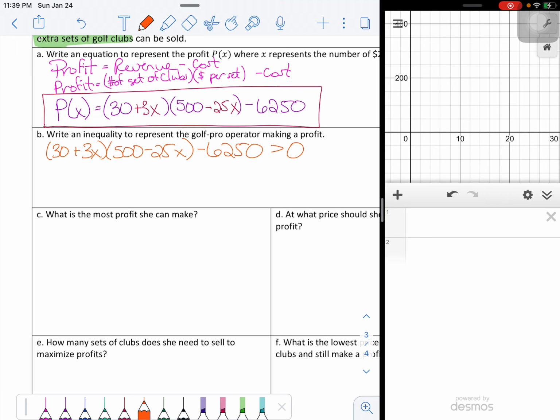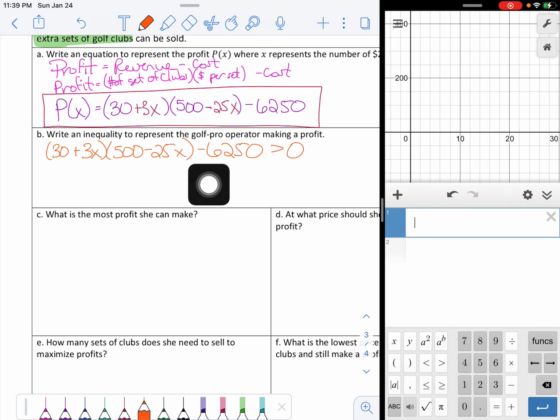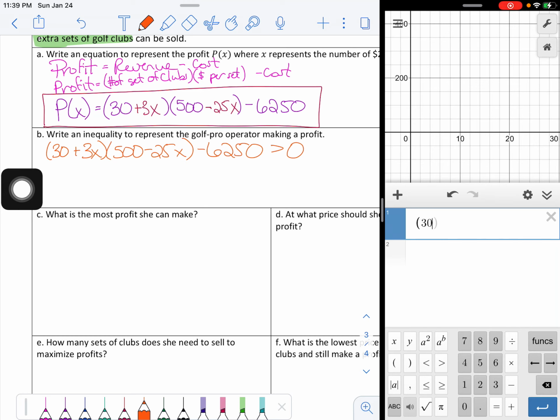All right, what is the most profit she can make? So to figure that out, I'm going to put this expression into Desmos. So 30 plus 3x, and then I'm going to take that times 500 minus 25x, and I'm going to take that whole thing minus 6,250.